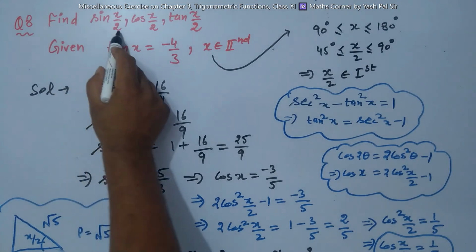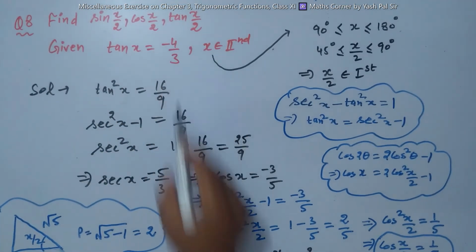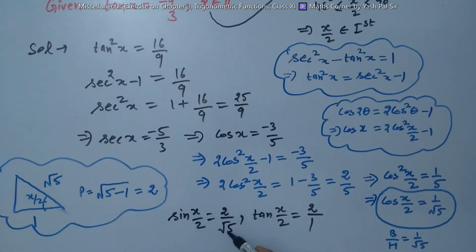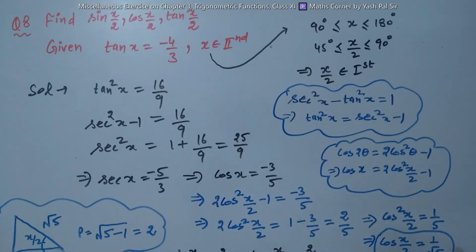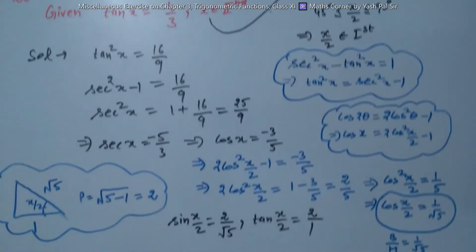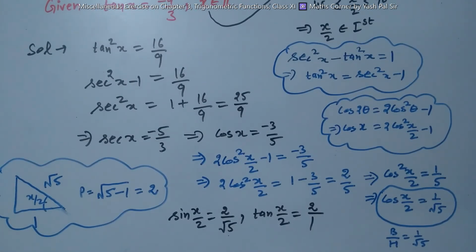Find sin x by 2, cos x by 2, tangent x by 2. We have obtained the values. Sin x by 2 is equal to 2 upon square root 5, cos x by 2 is equal to 1 upon square root 5, tangent x by 2 is equal to 2. Because x by 2 lies in the first quadrant, all these t ratios are positive.